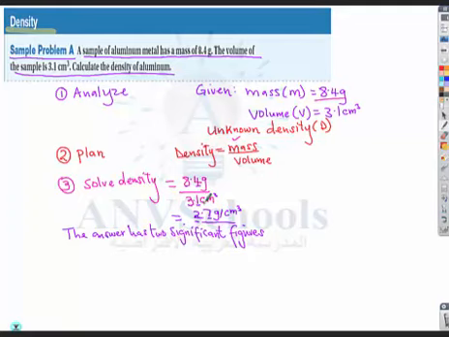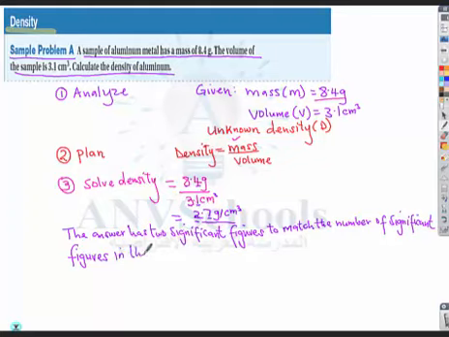To match the number of significant figures in the given values.